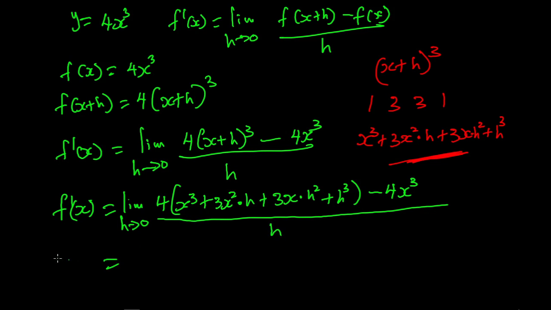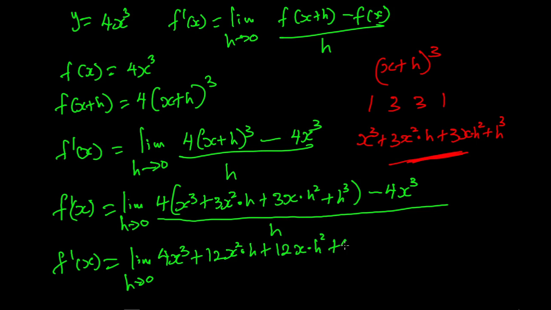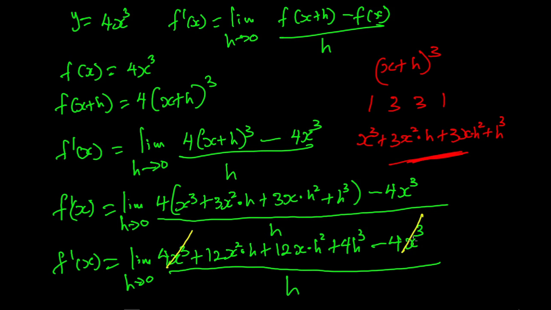So by expansion, we have the limit as h approaches 0. Expanding this, we are going to have 4x cubed plus 12x squared h plus 12x h squared plus 4h cubed minus 4x cubed all over h. We have 4x cubed here and negative 4x cubed here, so this can cancel this.